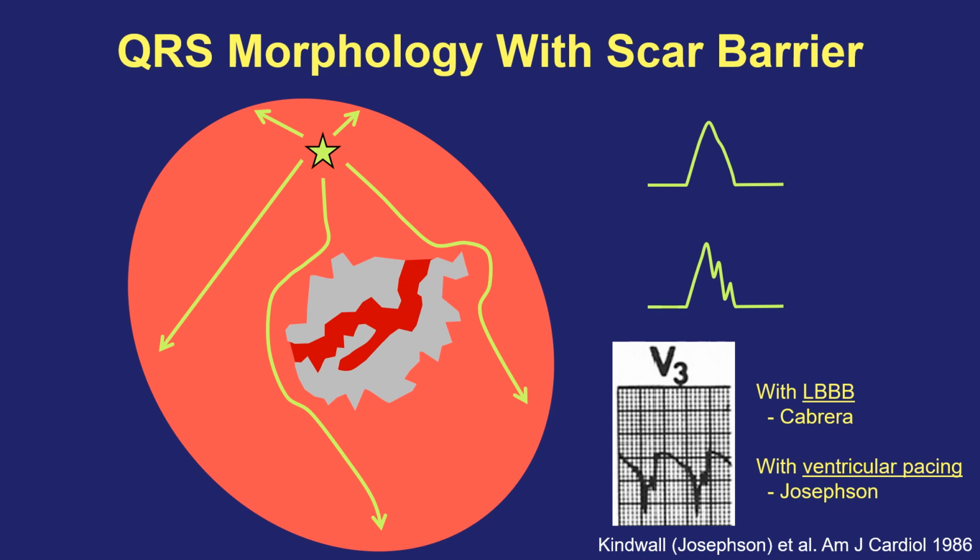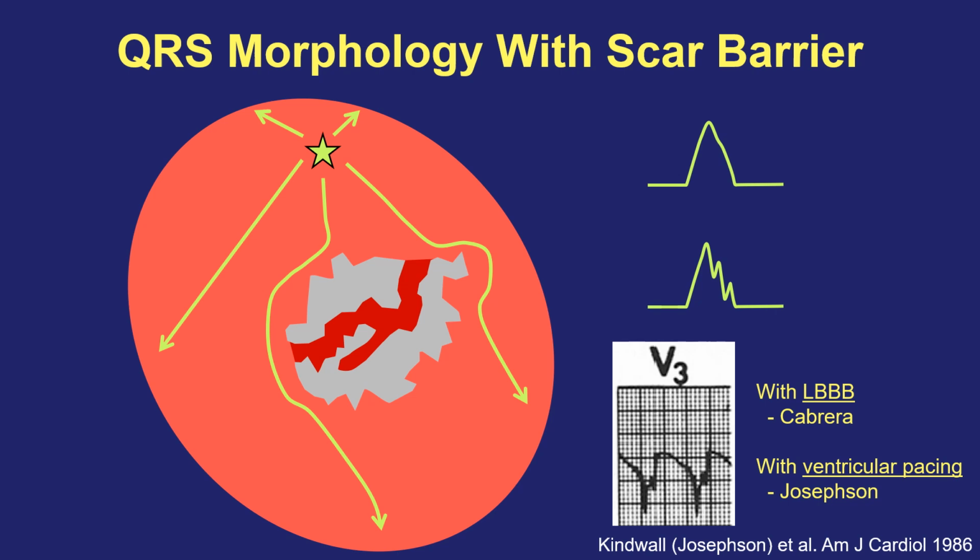And we know this. There are people who have described this as a way on the surface EKG during sinus rhythm, during VT, to show that there is myocardial scar present. Cabrera showed this with a left bundle branch block, and Mark Josephson showed this with ventricular pacing.